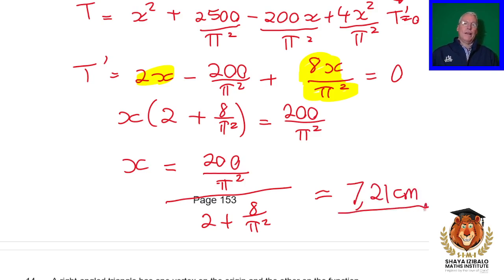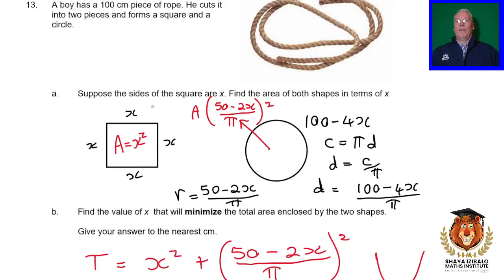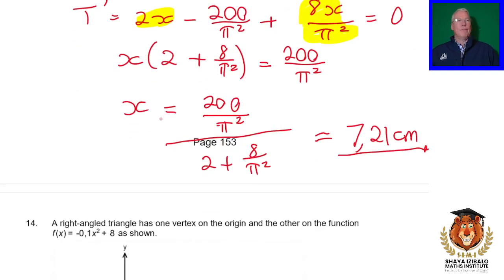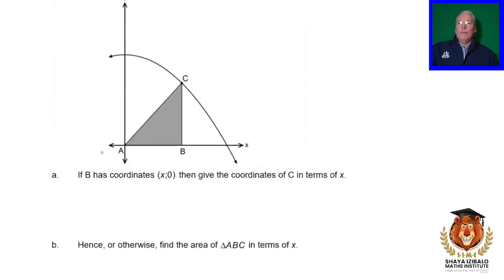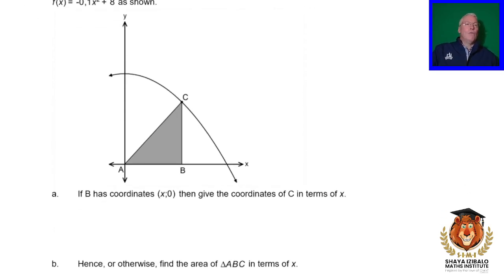Okay, so that's the size that we must make for the square, and that will minimize the overall area. Okay, we're going to ask you to pause and try question 14, and then we'll go over it shortly.